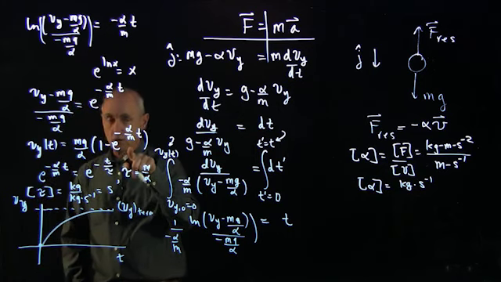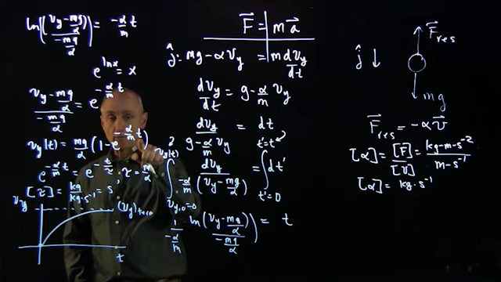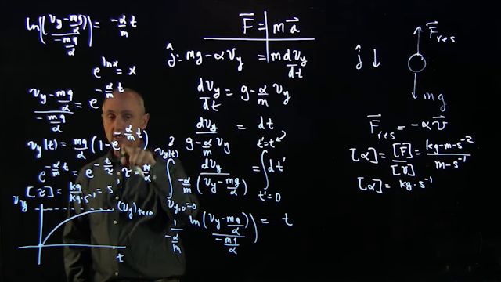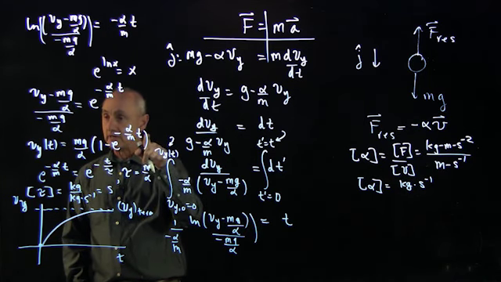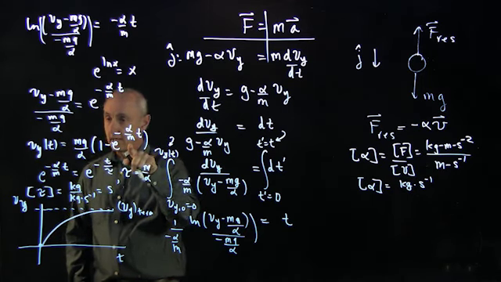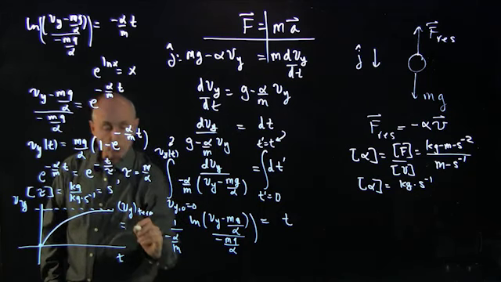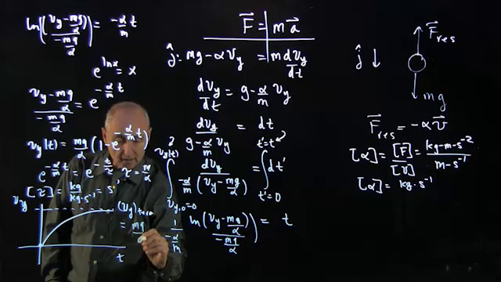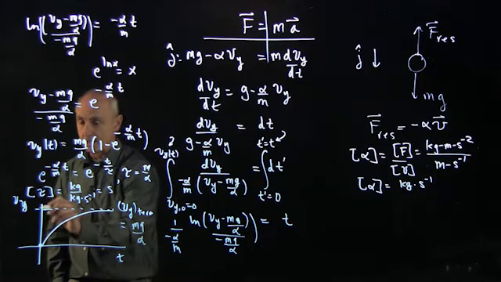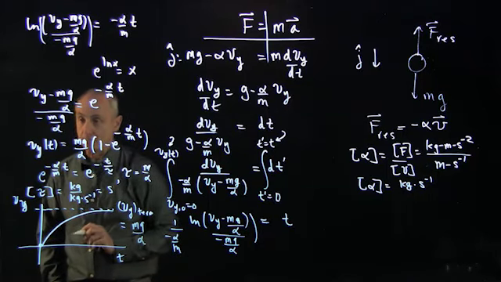And we can see what that terminal speed is. When we set t equal to infinity, e to the minus infinity is 0. And so this terminal speed is equal to just this coefficient, mg over alpha. And that's the terminal speed.